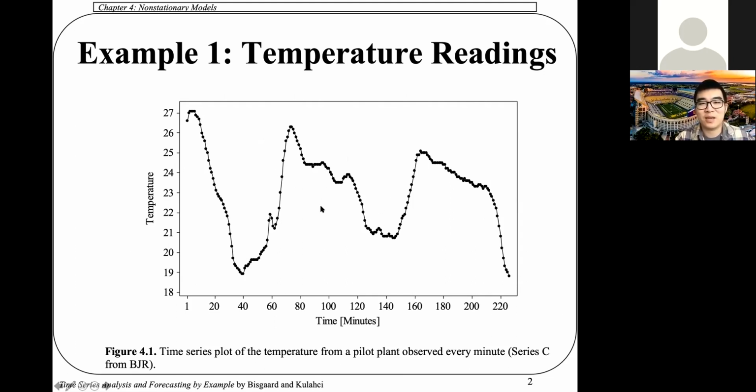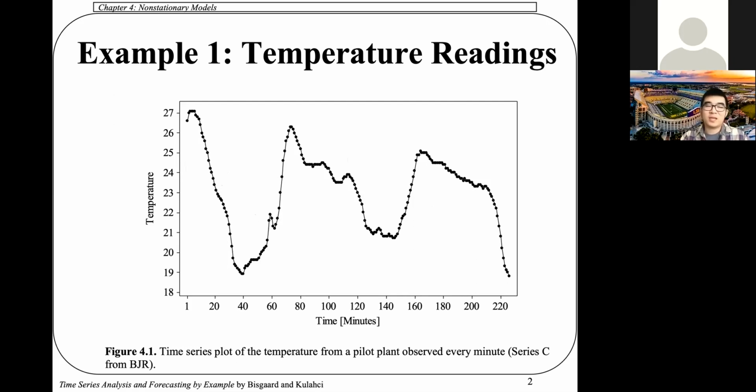The temperature looks to me like it is decreasing. And we also do not find a constant variance from this data, so the variance is heteroscedastic. From that observation, we know that this temperature reading is not a stationary model.